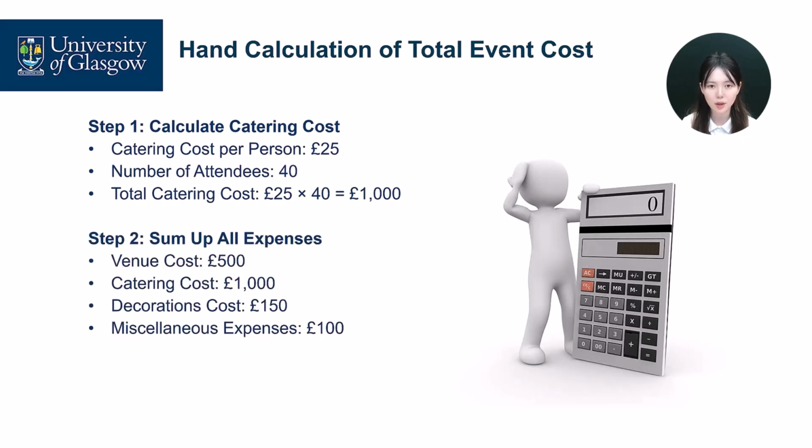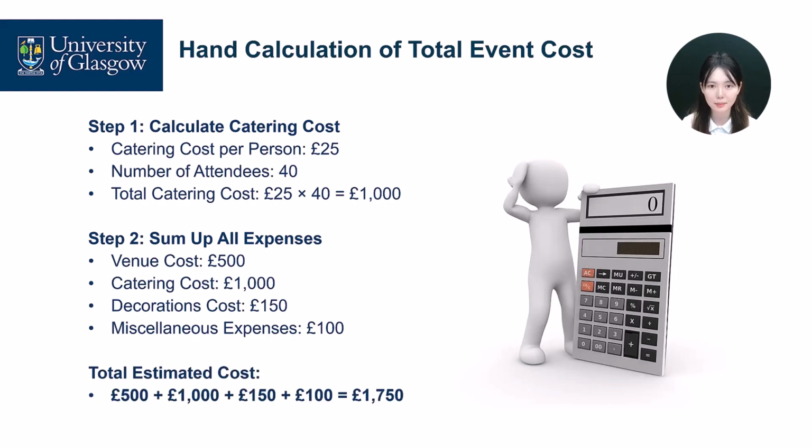We have the venue cost at £500, our calculated catering cost of £1,000, £150 for decorations, and £100 set aside for any miscellaneous expenses. When we sum it all up, the total estimated cost comes to £1,750.